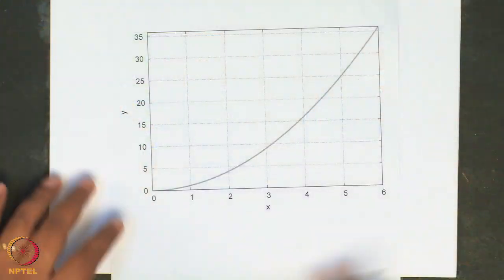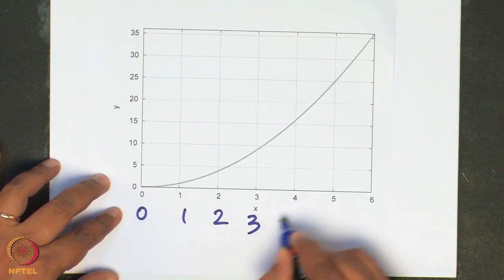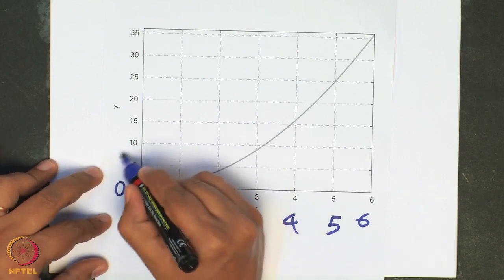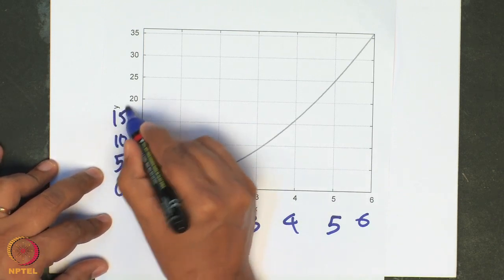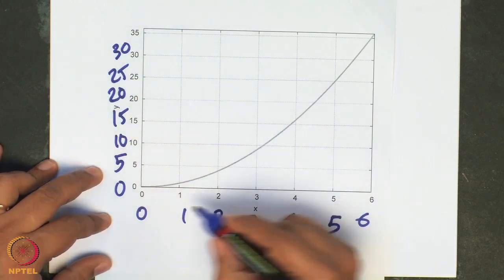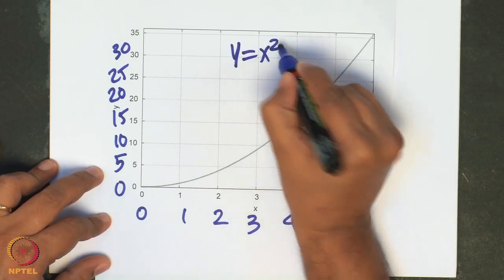So this is something that I wanted to specify very carefully here. If you look at this curve once more, you have here 0, 1, 2, 3, 4, 5, 6, and you have 0, 5, 10, 15, 20, 25, 30, and you have this curve which is y equal to x square.